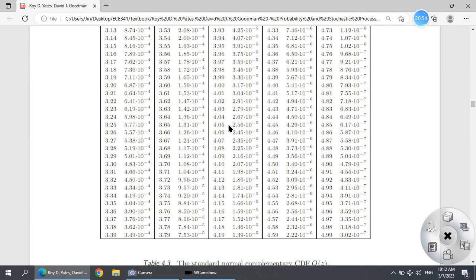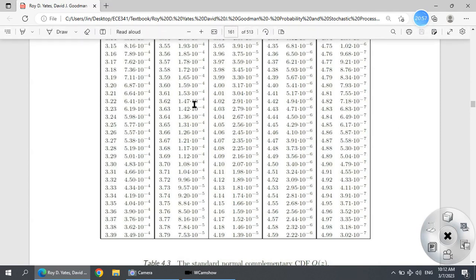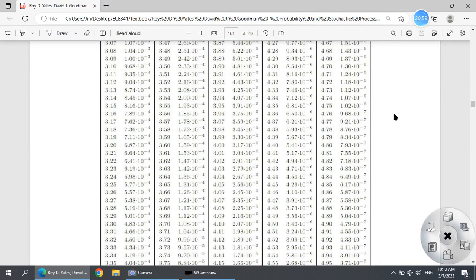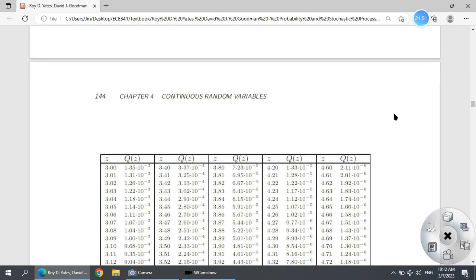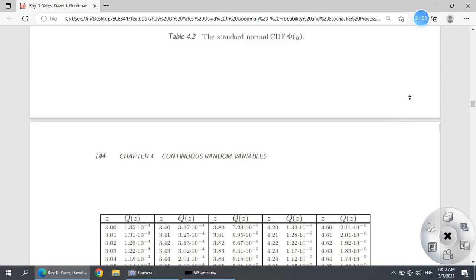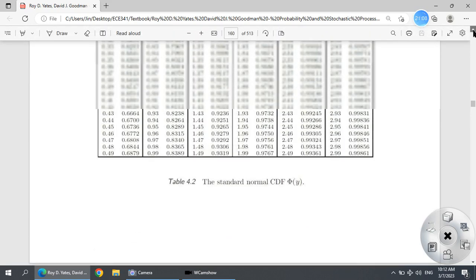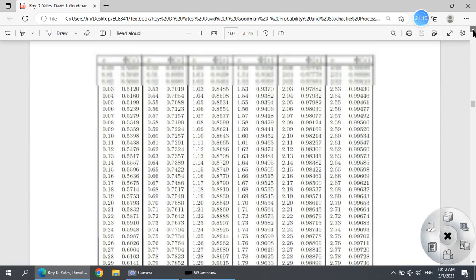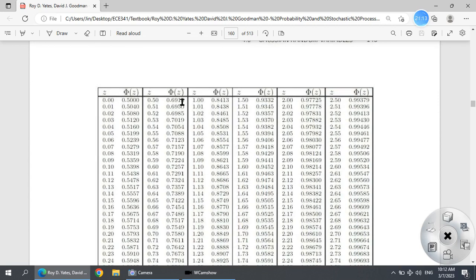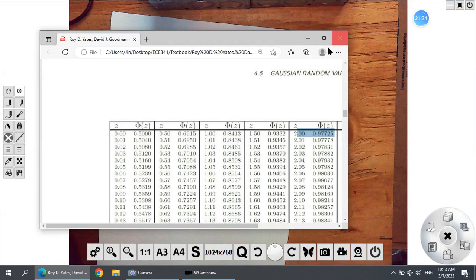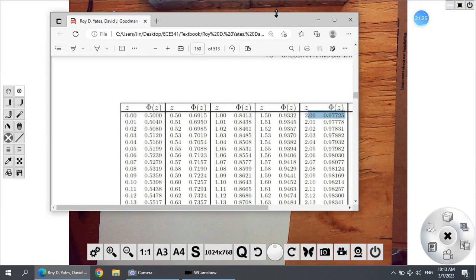Go to the table, go to phi 2. Sorry, 1 and 2. It's in the first table. 1 is here, and 2 is here.